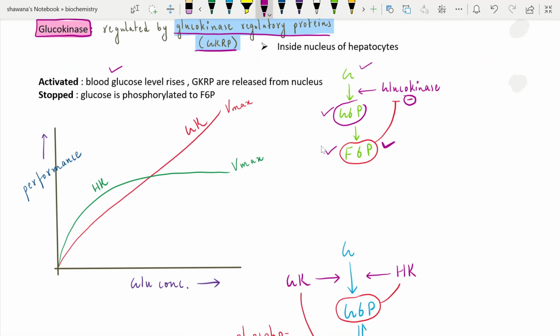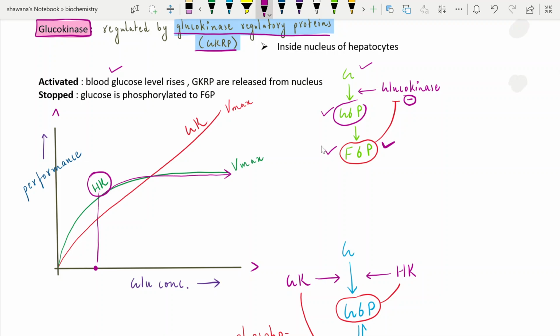This is a graph that represents the actions of both enzymes. There is the performance on the y-axis and glucose concentration on the x-axis. As I've told you, hexokinase has low Km, which means it becomes saturated at very low blood glucose concentrations. For example, at this point, it becomes saturated and it reaches the Vmax.